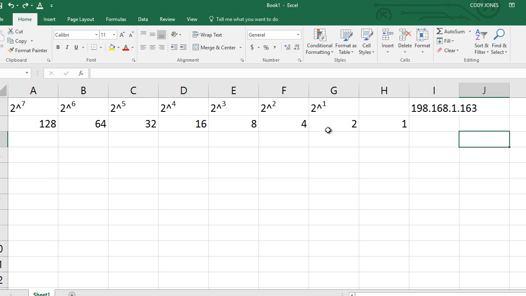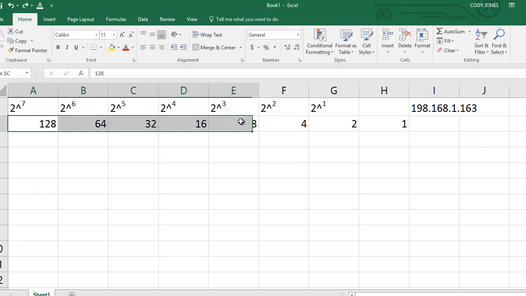Or if you just want to take the number you get here and multiply it by 2, 4 times 2 is 8, 8 times 2 is 16, times 2 is 32, 64. Anyhow, this is what you're going to write out for your chart. And that's going to allow you to convert any decimal octet to binary. Pretty simply. So here's how it works.